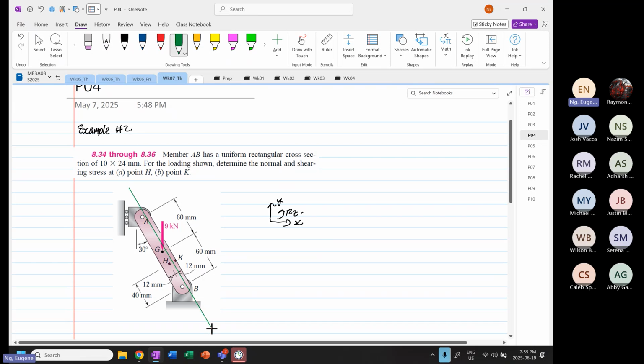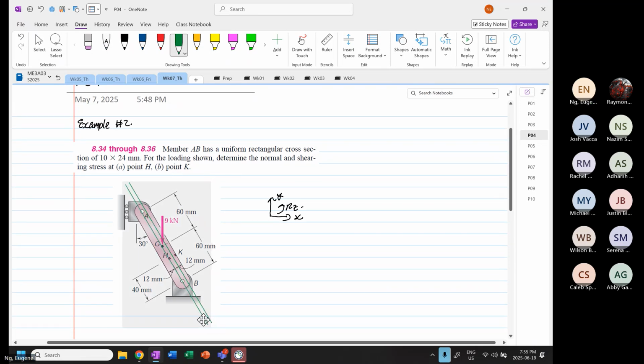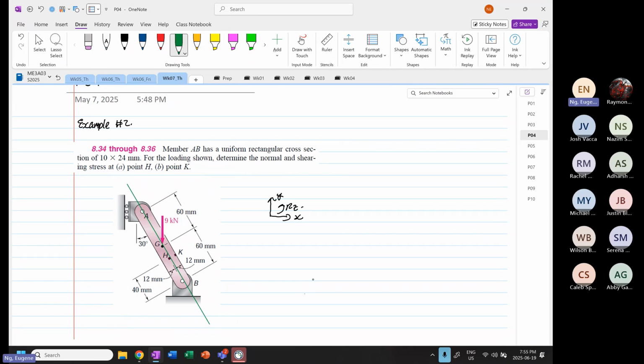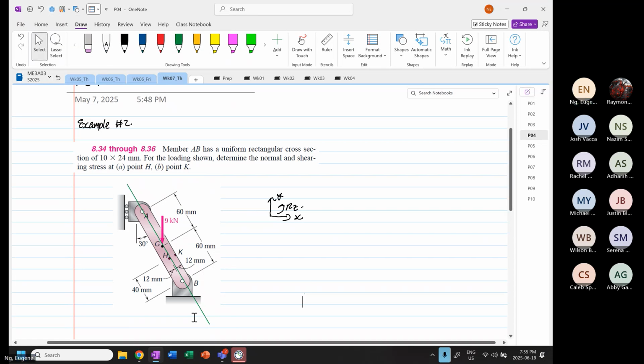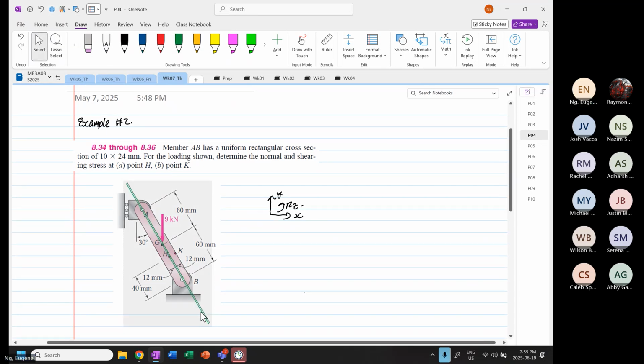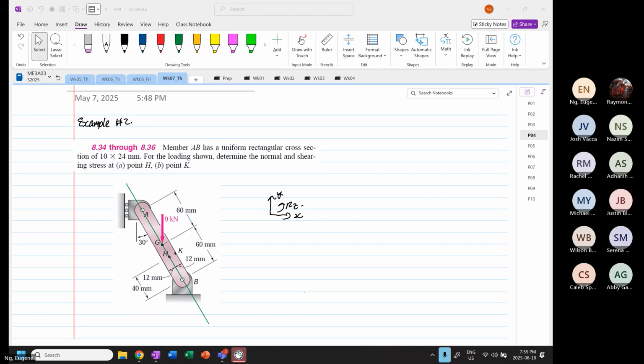This is the centroid relative to the element. Okay. So now this is our centroid, relative to our element H and K.